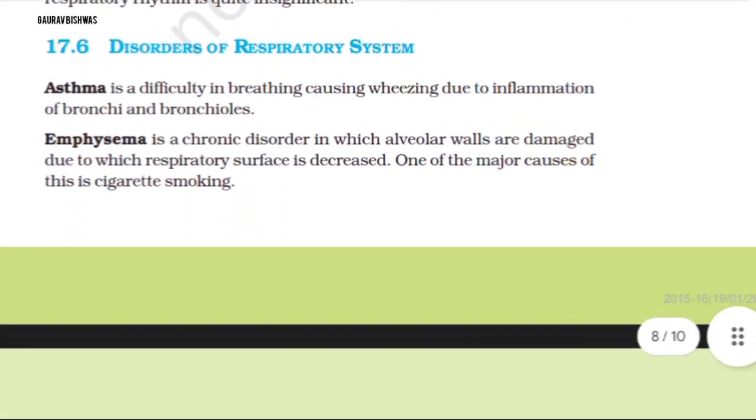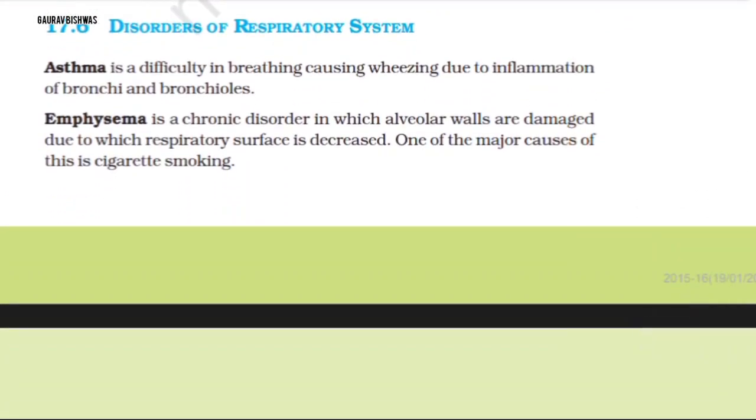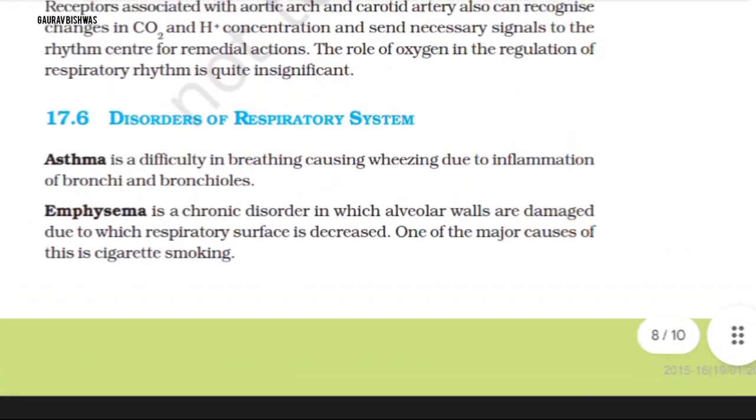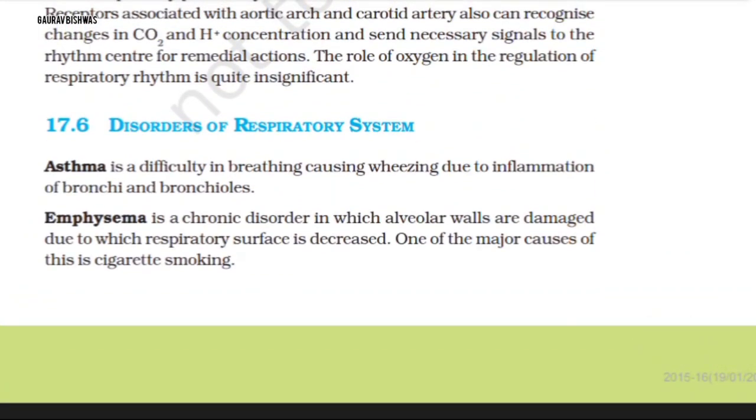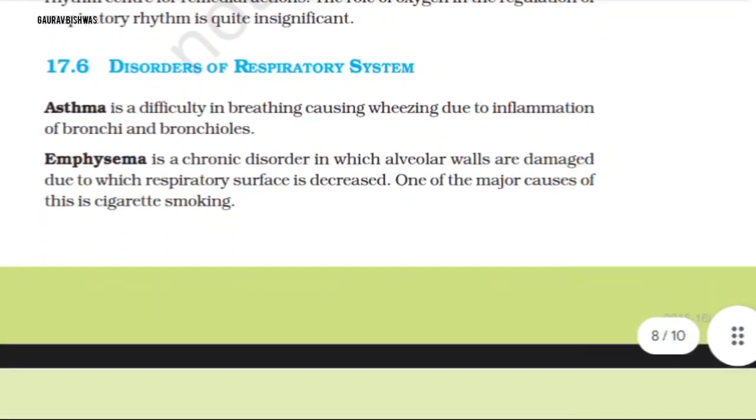Now 17.6, Disorders of the respiratory system. Asthma is a difficulty in breathing causing wheezing due to inflammation of bronchi and bronchioles. Emphysema is a chronic disorder in which the alveolar wall is damaged, so the respiratory surface is decreased. One of the major causes is cigarette smoking.